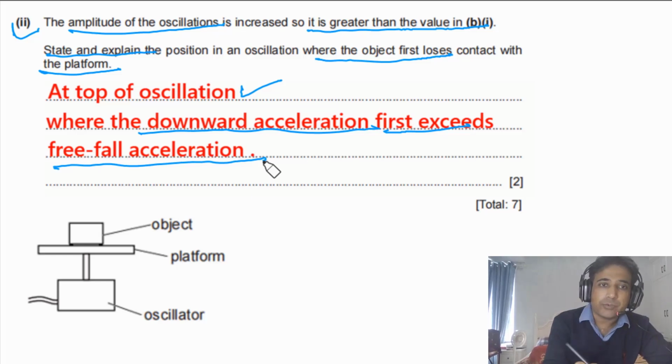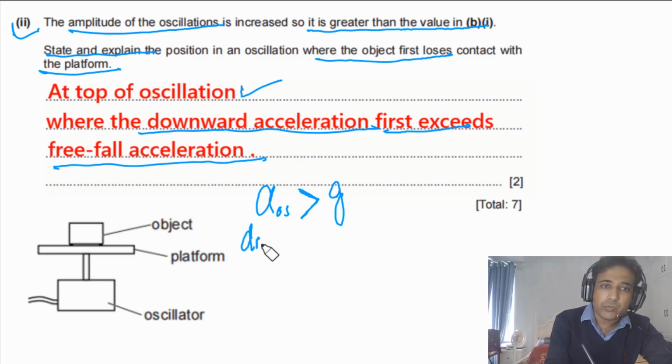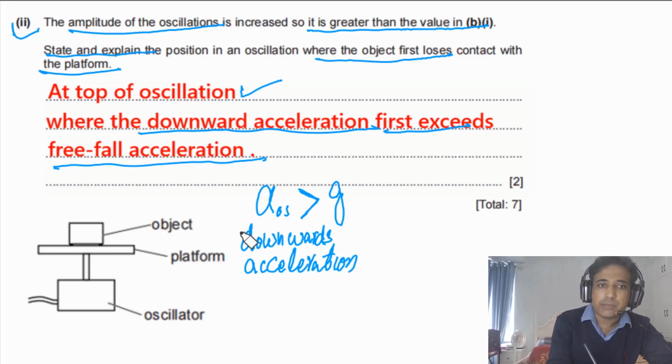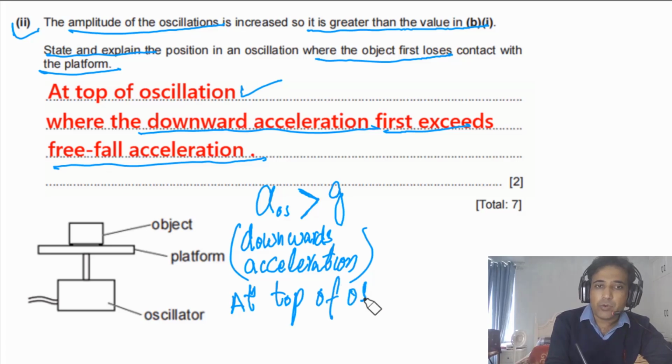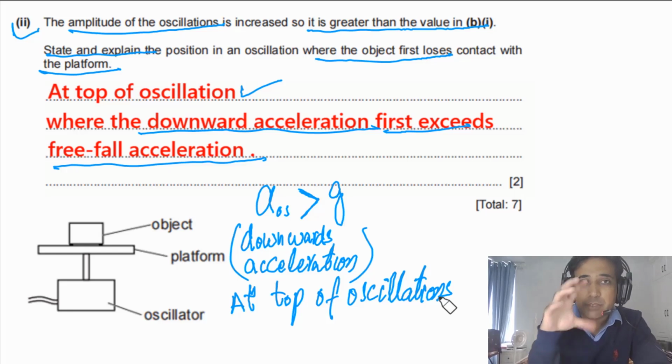So as we mentioned before, it will lose contact when acceleration of the oscillator is greater than g, and this is downward acceleration. So this is how we need to answer, and this will happen at the top of oscillations. I hope this question makes sense.